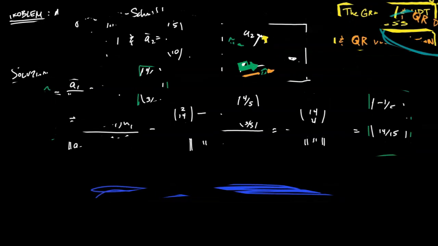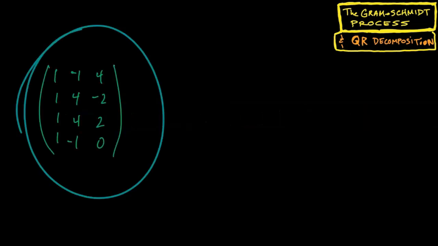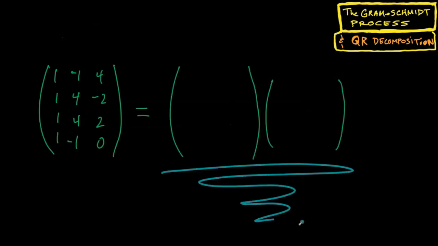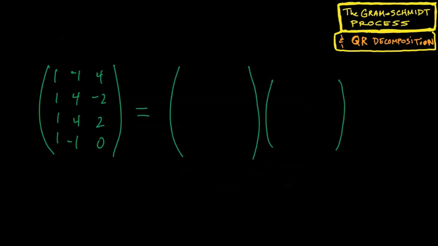So, QR decomposition. What is it? Just as we can decompose a number into a product of simpler factors, or as we can decompose a polynomial into simpler factors, it is also the case that we can often take a matrix and decompose it into a product of simpler factors.